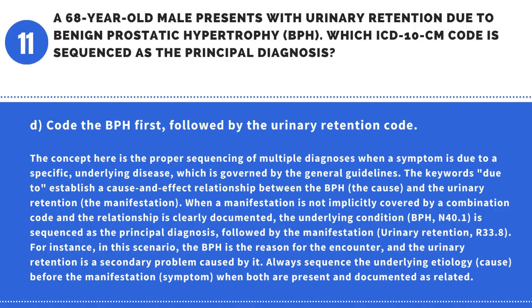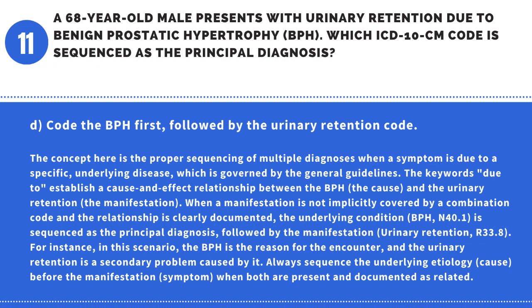The concept here is the proper sequencing of multiple diagnoses when a symptom is due to a specific underlying disease, which is governed by the general guidelines. The keywords "due to" establish a cause and effect relationship between the BPH, the cause, and the urinary retention, the manifestation.